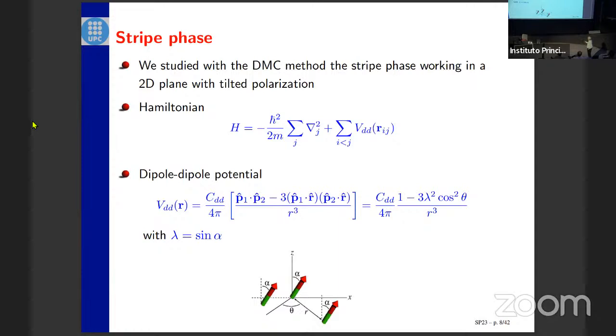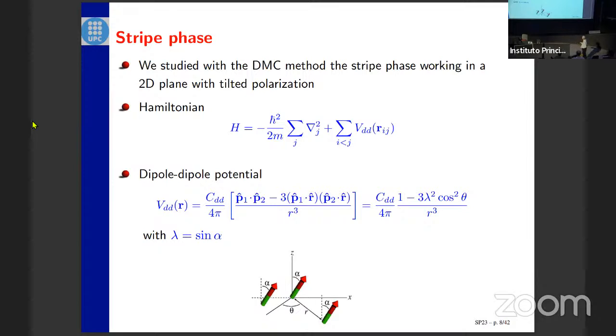I will now present results on a purely two-dimensional system. But now the dipoles have a given angle with respect to the perpendicular direction. If alpha is 0, if all the dipoles are perpendicular to the plane, the interaction is just this 1 over r to the 3. So it is isotropic. Then the problem is easier. We solved that many years ago. It crystallizes at high density and so on.